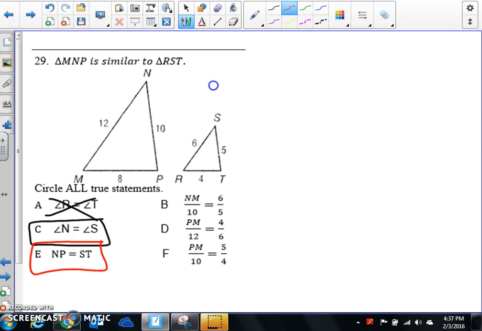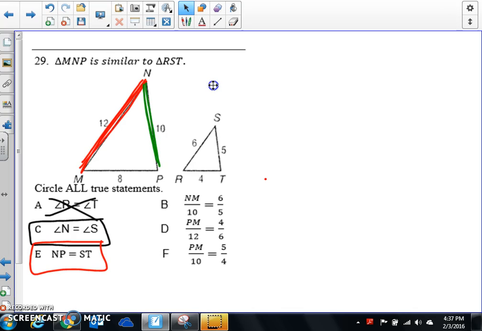To solve a proportion, so NM would be this one. So they put NM with 10. Okay, so NM is going to go with 10. And then 6 is with 5.